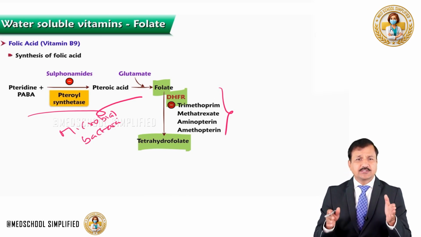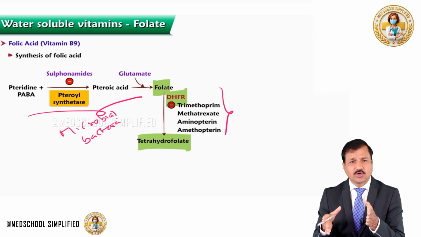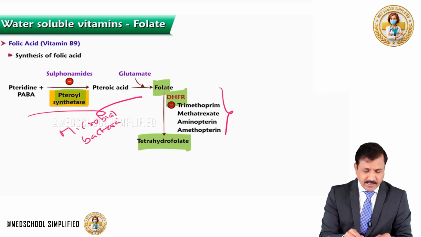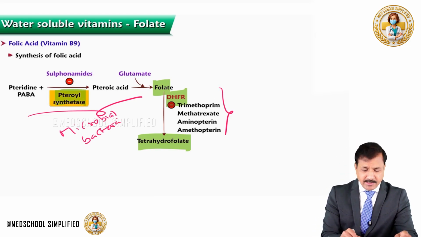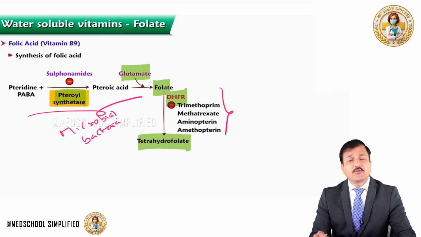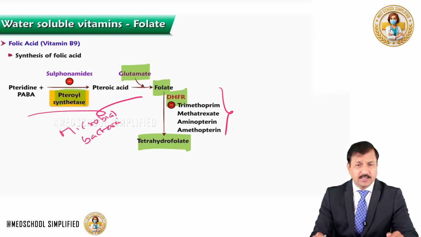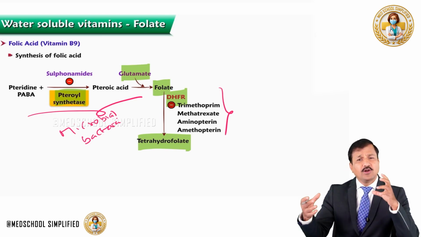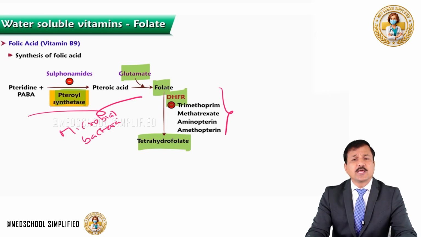Okay, so in the bacteria, pteridine combining with para-aminobenzoic acid to make pteroic acid will be done by the enzyme pteroate synthetase. Once we get pteroic acid, it will be added with glutamate to make folate, and to this folate, especially in the plants, 5 more glutamate molecules are attached to make polyglutamate folate.